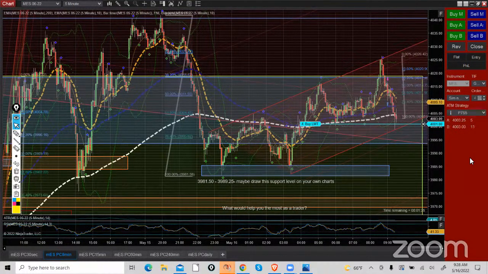What are you thinking, Rob? Yeah. I like a short better in terms of the momentum right now. There's no doubt about that. We're below the 200. The problem is my position right now is so horrible to go short that I can't. What kind of stop can I clear going short?